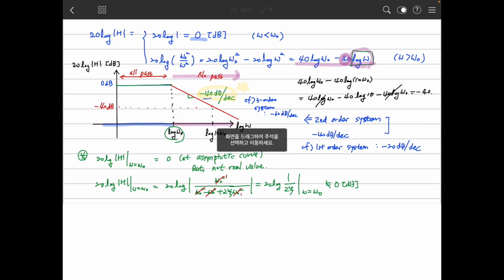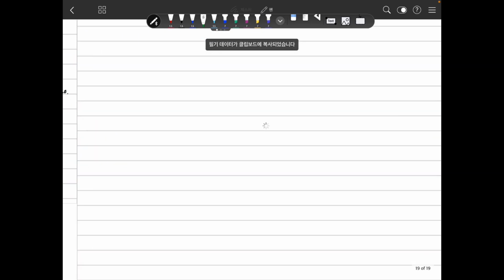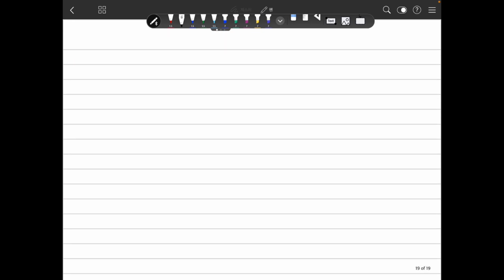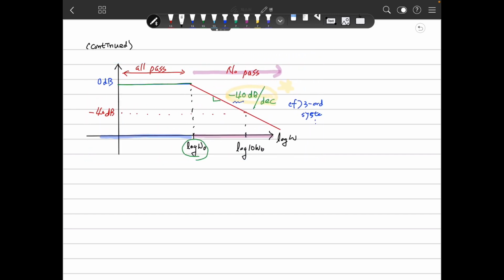Okay, we'll do it again here. Actually, this is the asymptotic curve here, right?